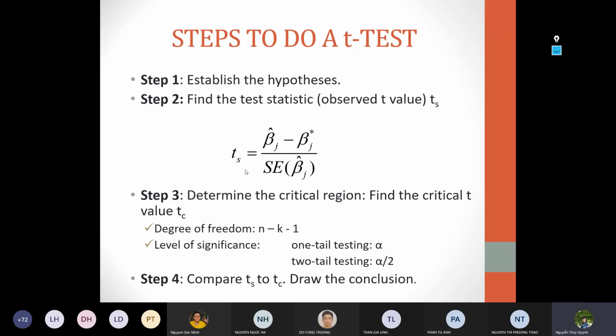How do we calculate the observed value of t? Do you remember the formula for it?